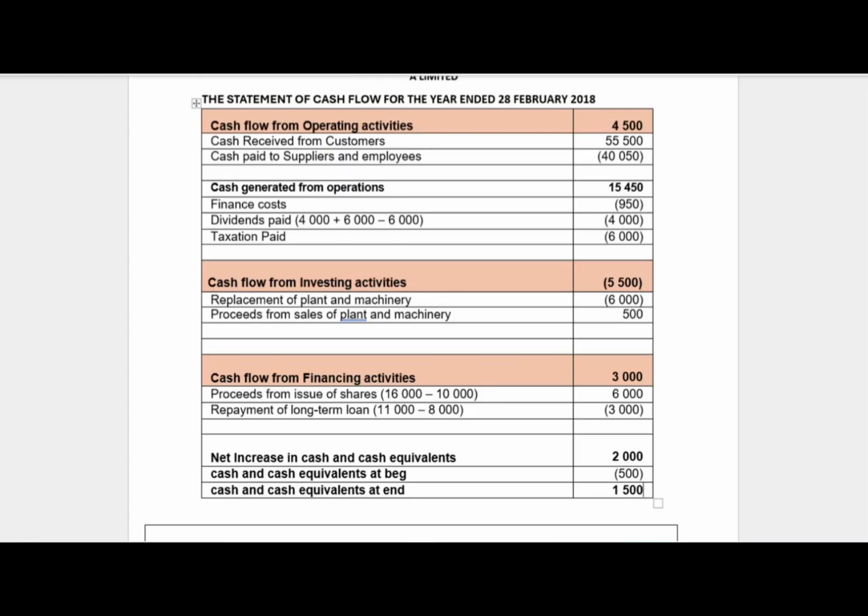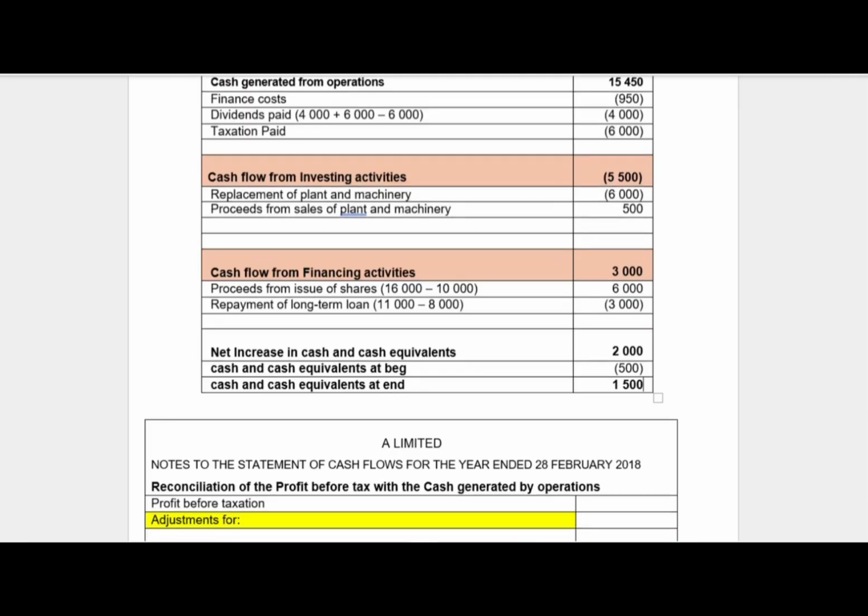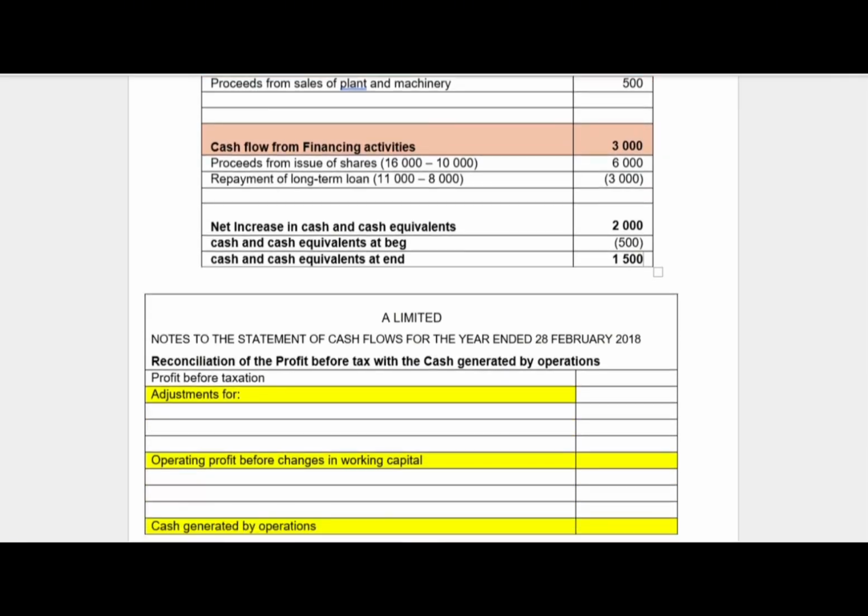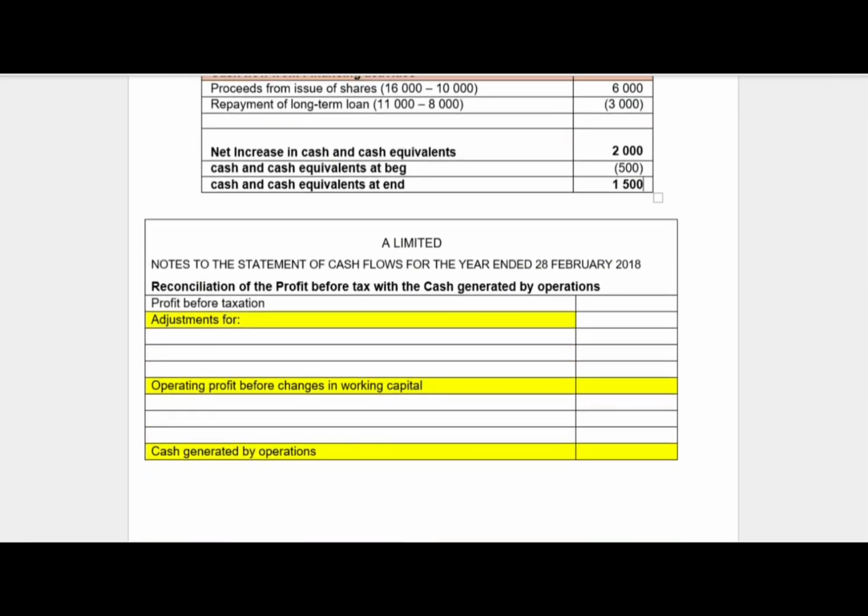Now, we are left with what? We are left with the reconciliation of profit before tax with the cash generated from operations. So now here, number one, we determine what?